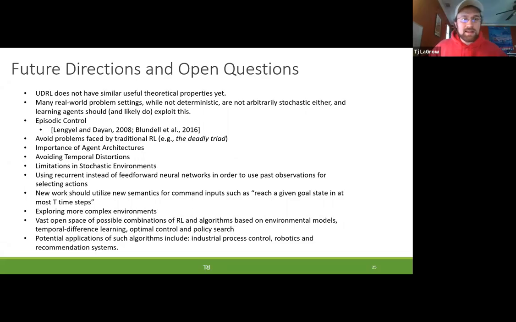Many real problem settings, while not deterministic, are not arbitrarily stochastic either, and learning agents should and likely can exploit these given different heuristics. Episodic control is a big field in reinforcement learning right now.